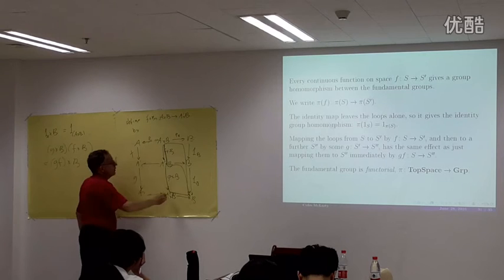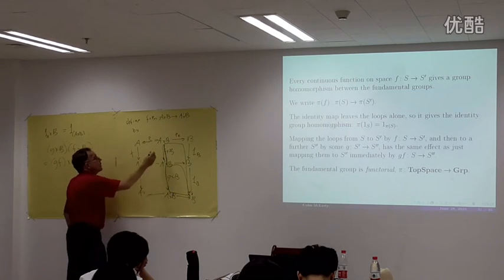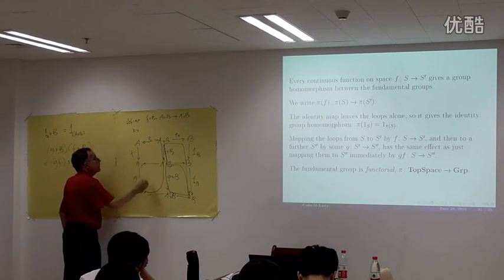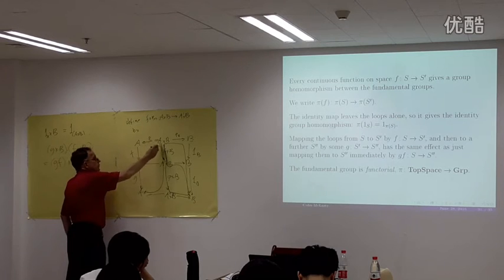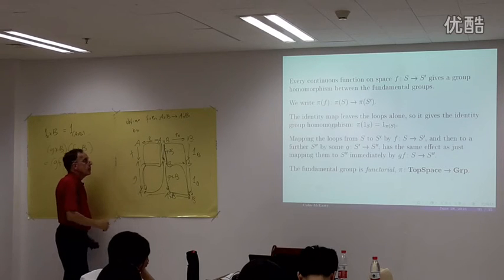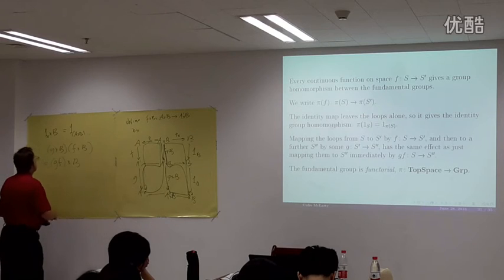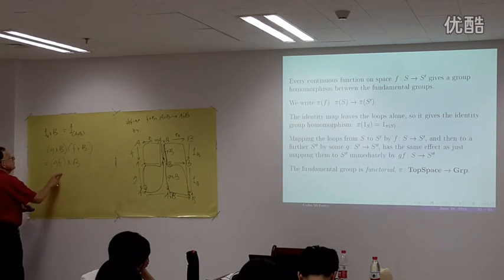So we do know that this composite followed by that is the same as that composite. We want to know that going down here and over there is the same as going across and over, but we know it's the same as going that way, and we know this is the same as going that way.